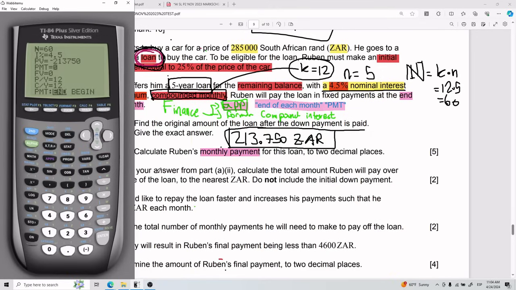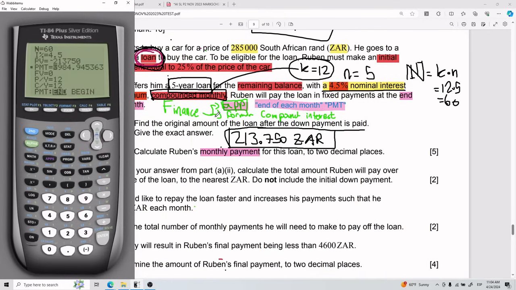Basically what you're telling your calculator is, using all this information, solve for just PMT. Where is your solve button? Right above enter in green. To hit that green button, you press alpha, enter, makes you hit solve, boom. Right there, you solved for PMT.